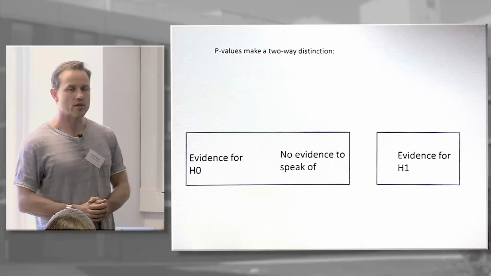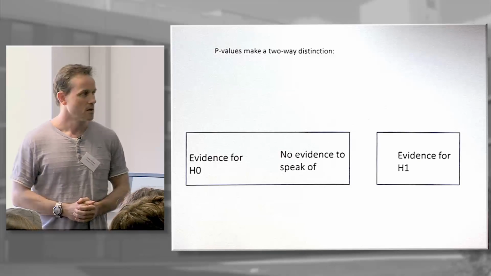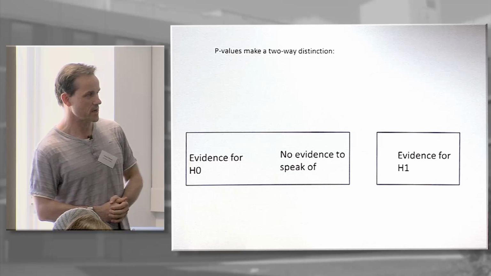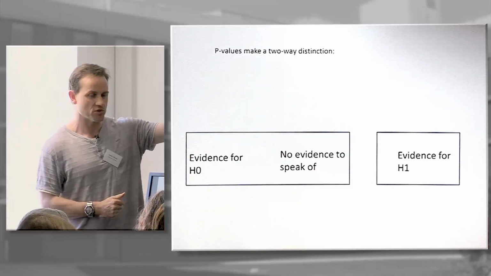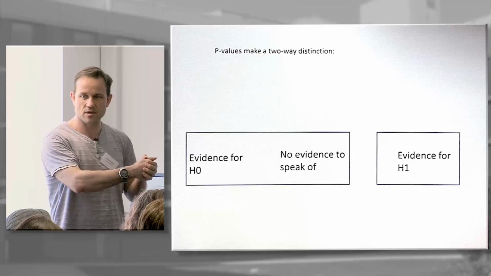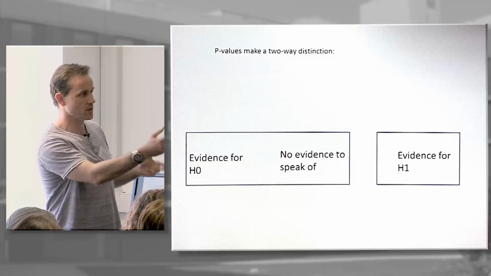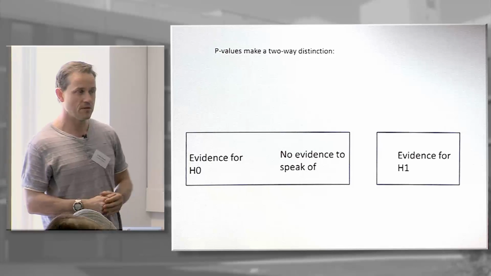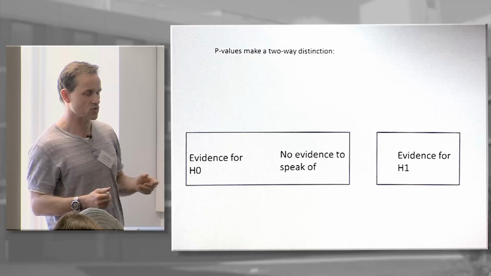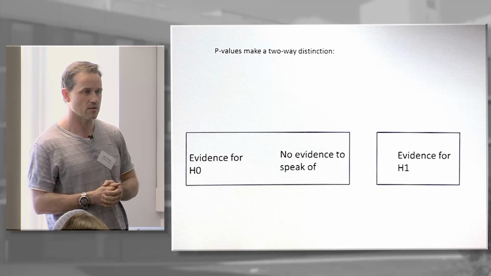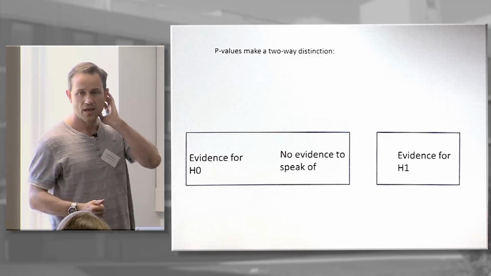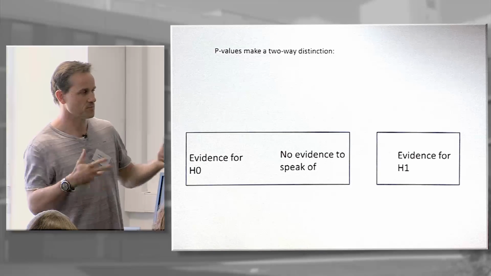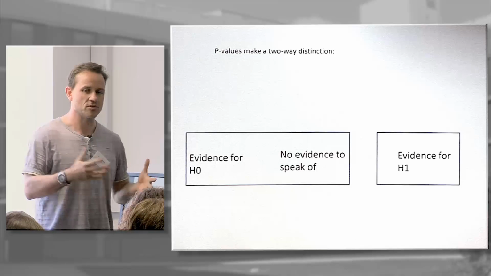Now, p-values make a two-way distinction. So they distinguish the things in that right-hand box, evidence for H0 and no evidence to speak of. Those things are lumped together and contrasted with evidence for H1. In fact, arguably, p-values aren't a good measure of evidence in any way, but as a community of psychologists, statistical users, we're not completely stupid.